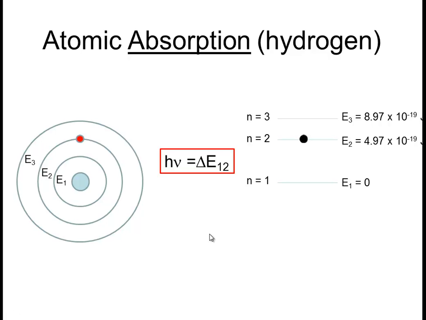Great. Now, like the saying goes, what goes up must come down. The atom will remain in an excited state for a while, and it's hard to predict exactly how long any individual atom will stay in an excited state, but eventually that electron is going to come down. In order to do that, it has to get rid of that extra energy that it just absorbed.